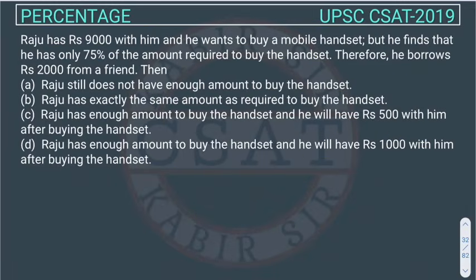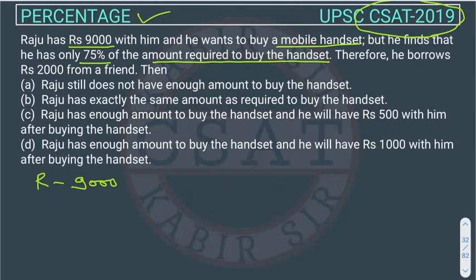Okay, so this is the percentage section we are doing, and this question is from the UPSC Civil Services CSAT exam 2019. Raju has rupees 9,000 with him and he wants to buy a mobile handset. So how much does Raju have right now? 9,000. He wants to buy a mobile handset, but he finds that he has only 75% of the amount required to buy the handset.